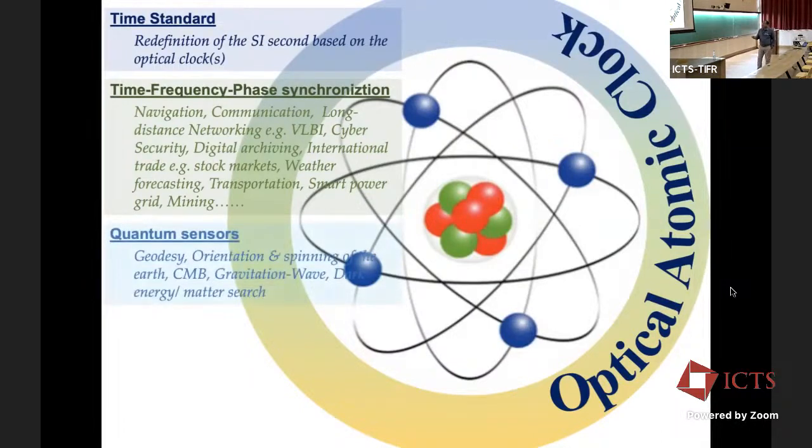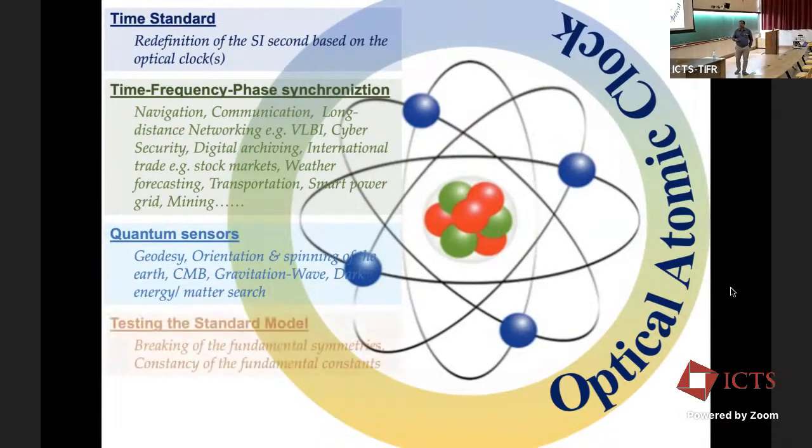There are different kinds of sensing, for example geodetic measurements, measuring how the spinning or orientation of the earth is changing a little bit. It's not constant, it changes a little bit due to volcanic eruptions and so on. We can keep track of that using the clock network. Detection of gravitational waves and so on. We need a much better clock compared to what we have today. And finally, testing the standard model.